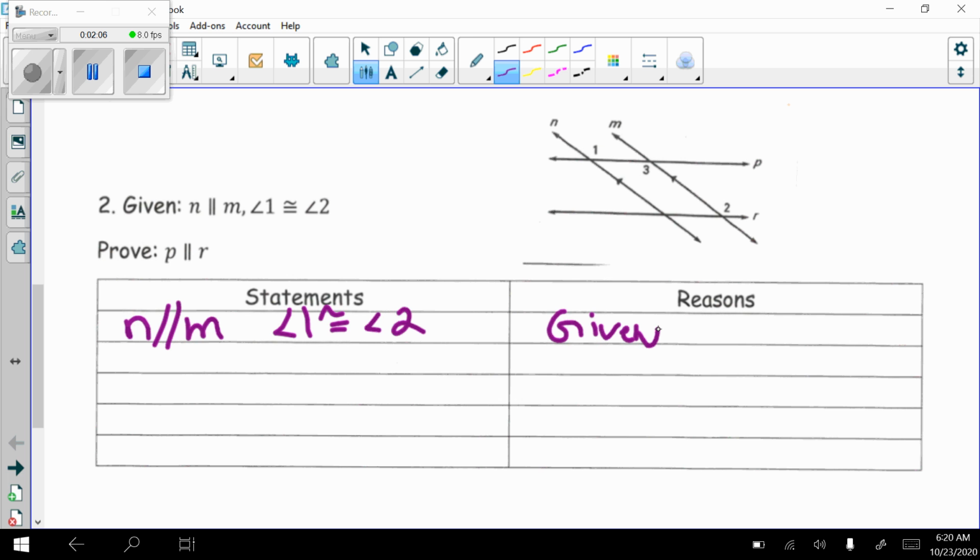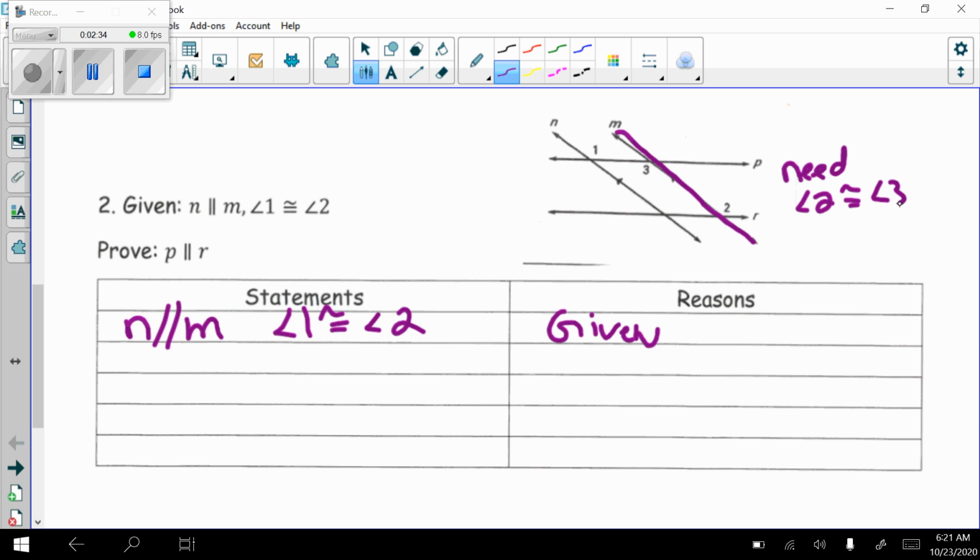If I'm going to prove that P is parallel to R, then that would make M my transversal. And so I need to prove that angle 2 is congruent to angle 3, and then I can prove that line P and R are parallel.